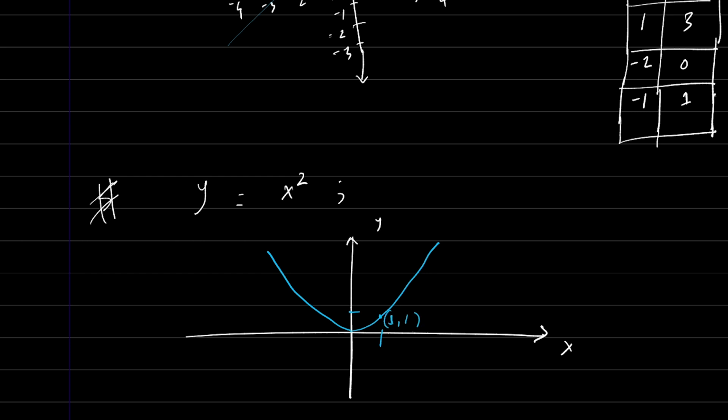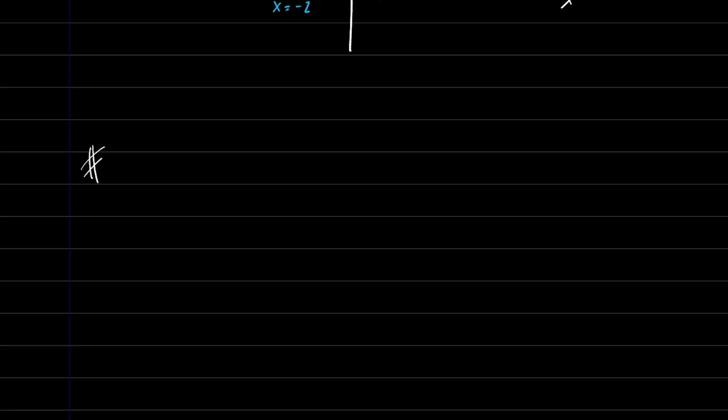And for x is equal to 2, the value would be 4. So 2, 4. Similarly, here we have -2, 4. So x is equal to -2, we get y, the height, is 4, and so on. So this is the graph of y is equal to x squared.